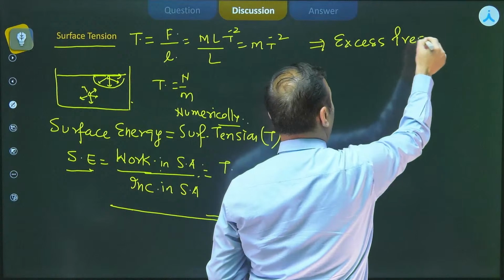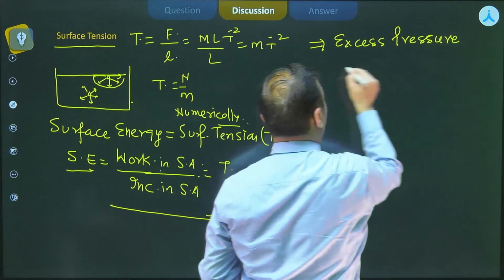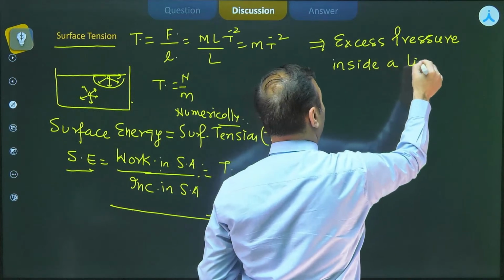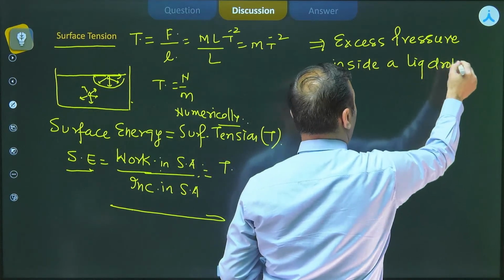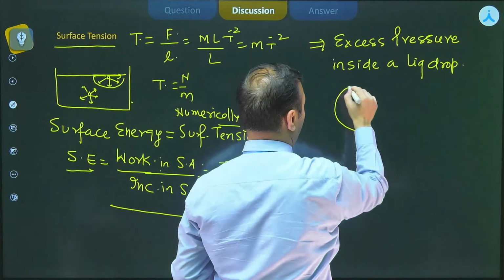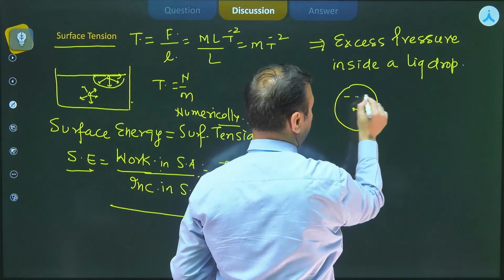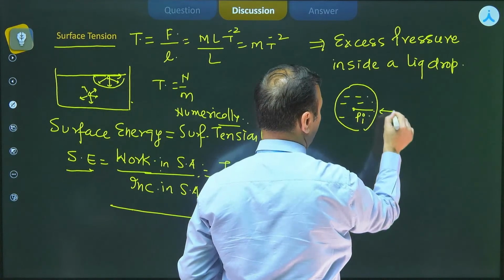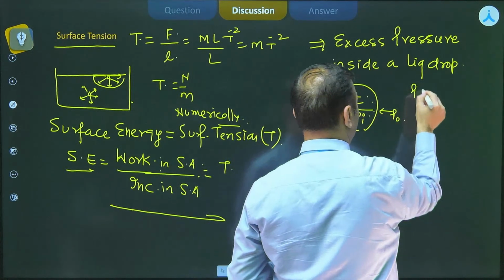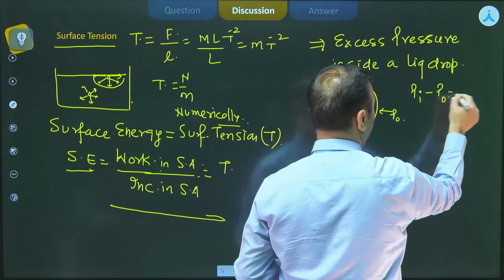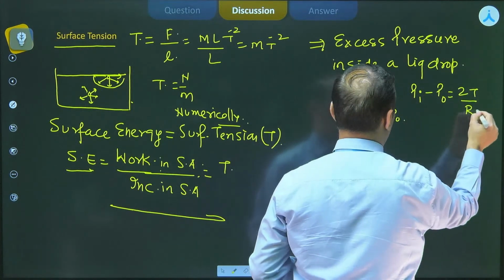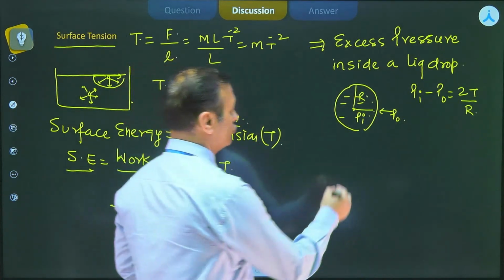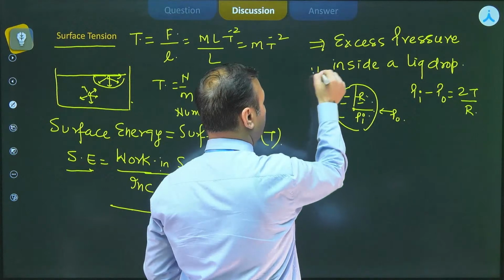And surface tension is a phenomenon which is responsible for excess pressure inside a liquid drop. We have a liquid drop that maintains its spherical shape. This is the pressure inside, and we have the pressure outside. So the excess pressure, pressure inside minus pressure outside, is 2T by R, where R is the radius. That is the first case.